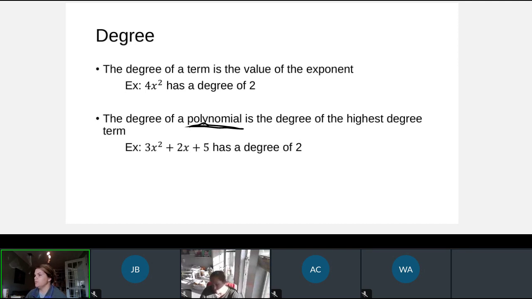The degree of the polynomial is the highest degree term. For this example, 3x squared plus 2x plus 5, the first term, 3x squared, has a degree of 2, 2x has a degree of 1, and 5 has a degree of 0. So we take the highest degree, which is 2, and say this is a polynomial of degree 2.